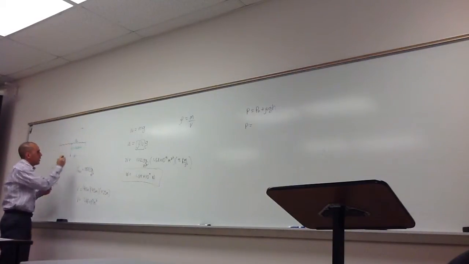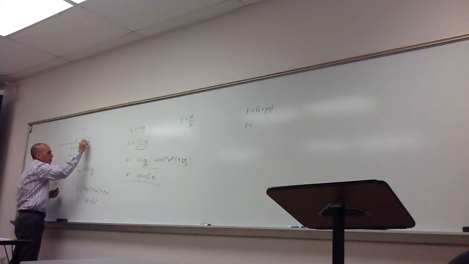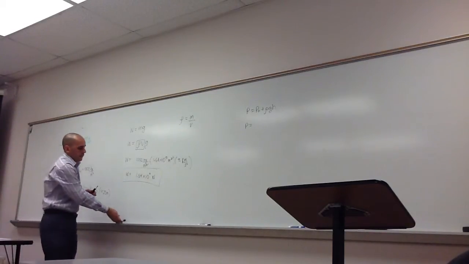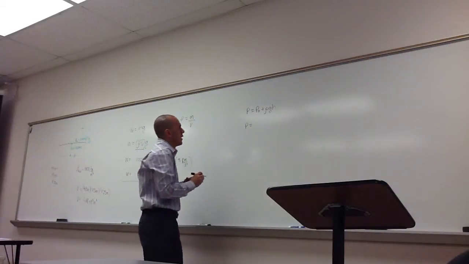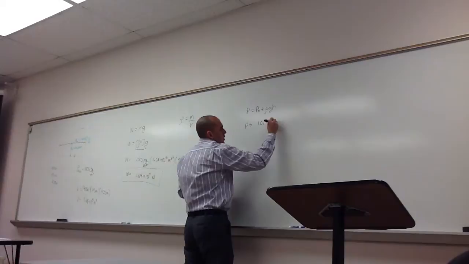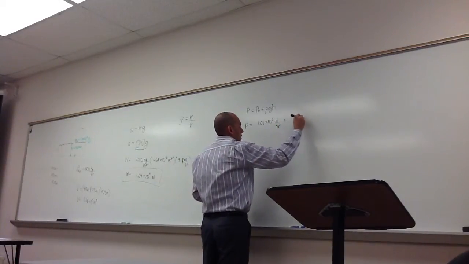We know the P naught up here is 1.01 times 10 to the 5th newtons per square meter, or you can write that as Pascal if you want to. And then we just put these in up here. Put in your density again.